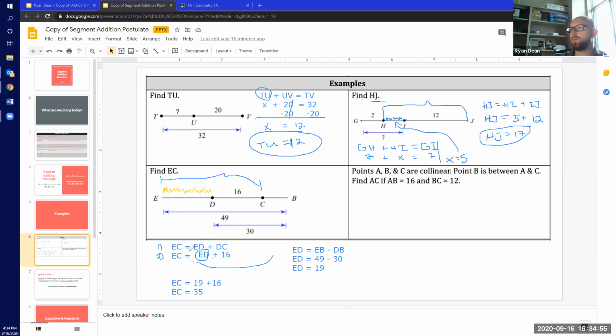And then step 2, all we did was substitute what we knew into this formula. Now, since we don't know what ED is, we have to figure that out. So over here on this side, we have step 3. To figure out what ED is, there's a couple things that we can do. The way that I thought about it was I'm going to take the entire segment from E to B, which is 49.